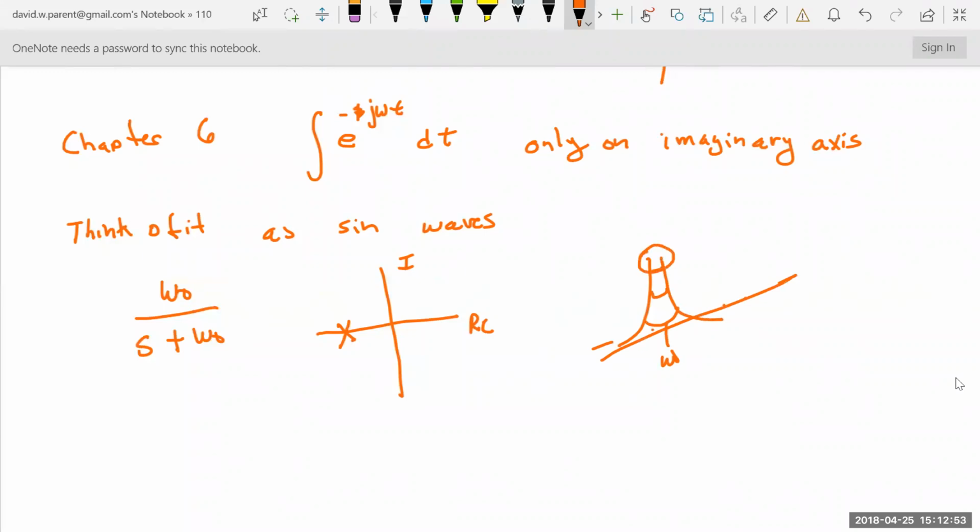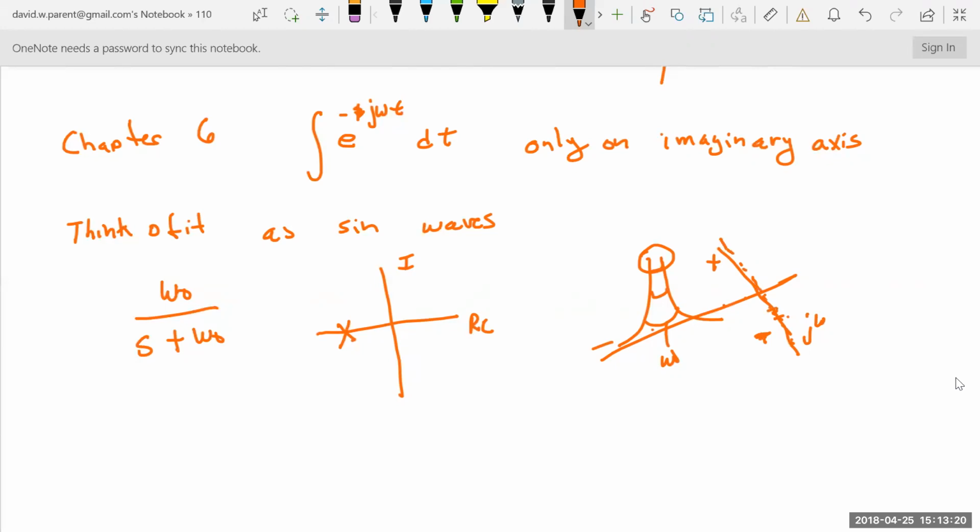It's circular and it goes to infinity as you approach omega naught, right? But we just calculate that's what the actual plot looks like, right, on the complex plane. But when we just sweep j omega, all right, from negative to positive, right, that's where we get this.